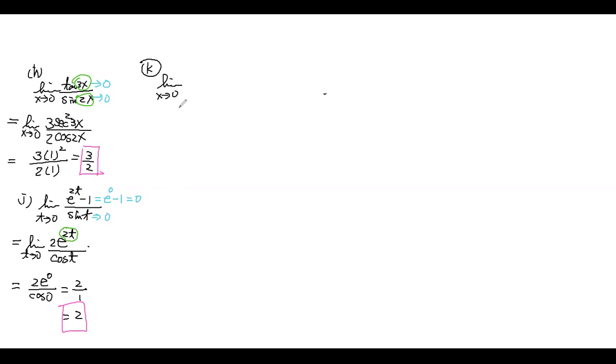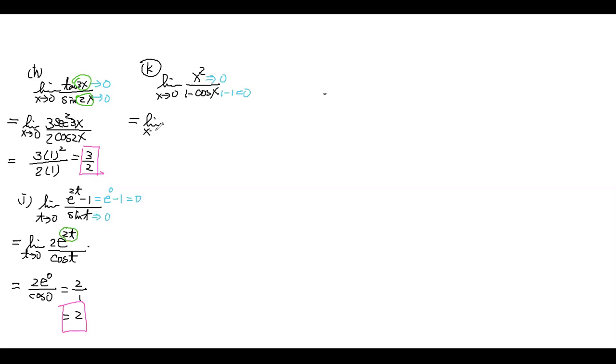So this is x approaching 0 of x squared over 1 minus cosine x here, right? Let's check. When x equals 0, the numerator is 0, and cosine 0 is 1, so 1 minus 1 is equal to 0, right? So this is 0 over 0. What do we do here?